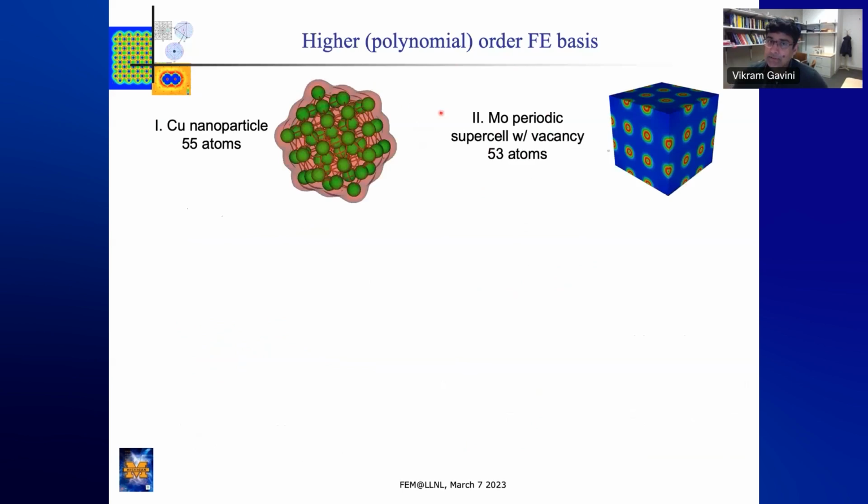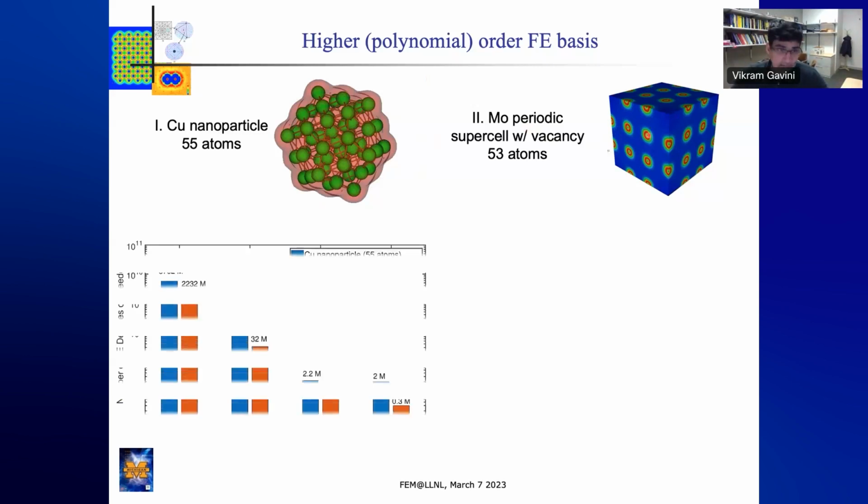And to emphasize the importance of using higher order finite element basis for DFT calculations, let me just demonstrate that with these two examples. One is a copper nanoparticle with 55 atoms, and this is a periodic simulation, a molybdenum periodic supercell with a vacancy over here, again with around 50 atoms.